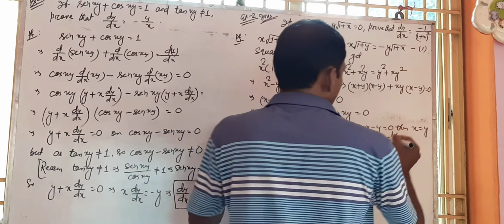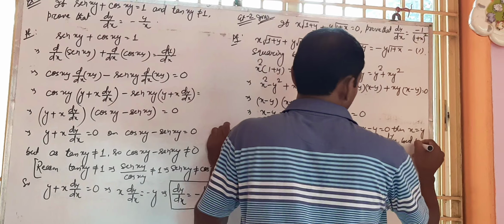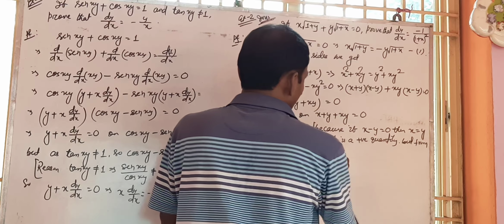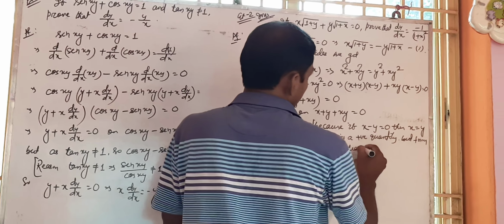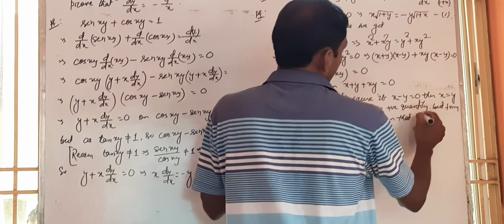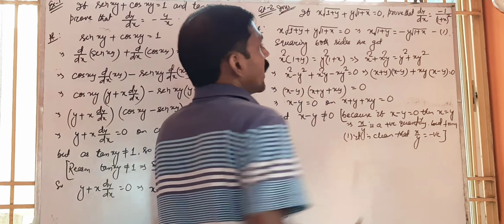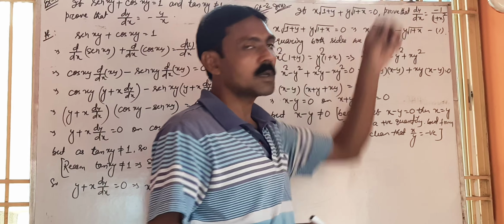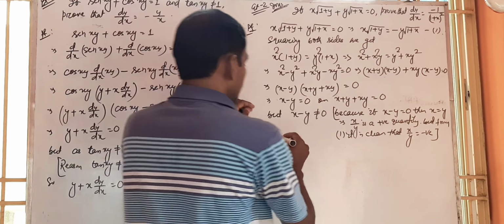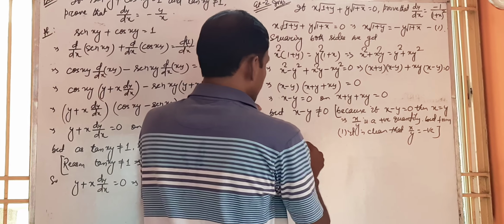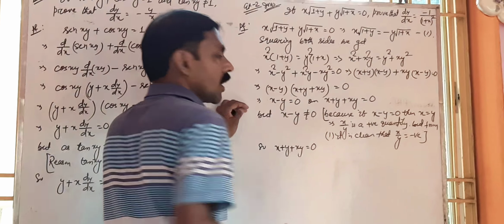X by y is a positive quantity, but from 1 it is clear that x by y is negative. So x by y is always a negative quantity, so it will be a contradiction. So this cannot be equal to 0. So the only possibility is x plus y plus xy is equal to 0.